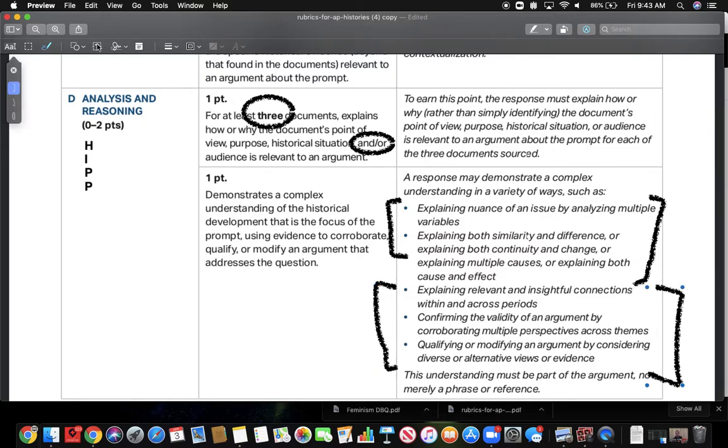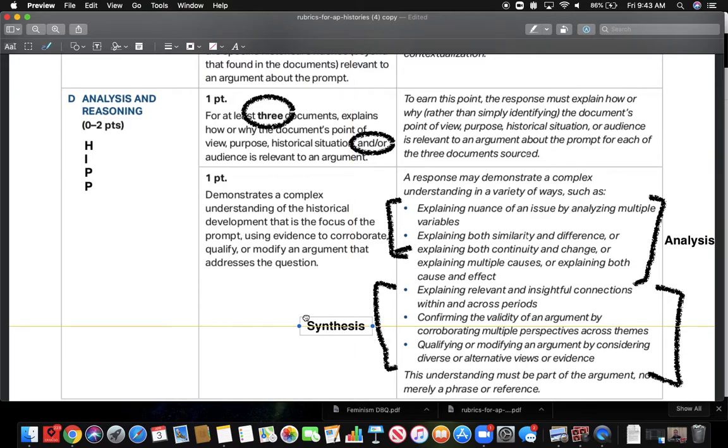So let me just go ahead and label these for you guys so that you know kind of what I'm talking about. Those first 2 are your analysis statements, and those last bit, you know them as your synthesis statements. So all of these are ways of getting this point.